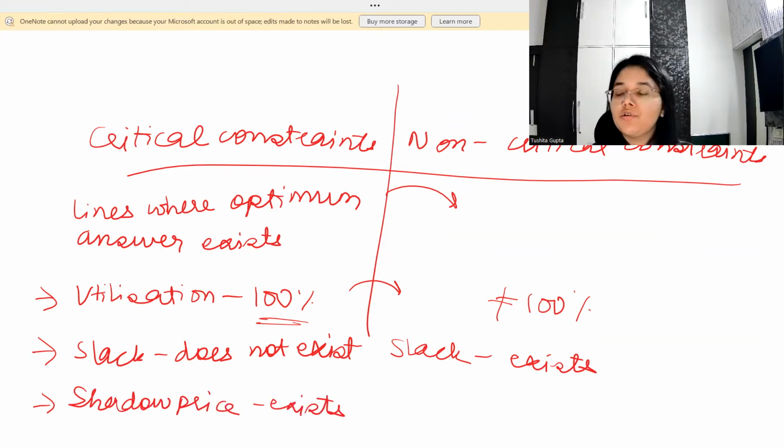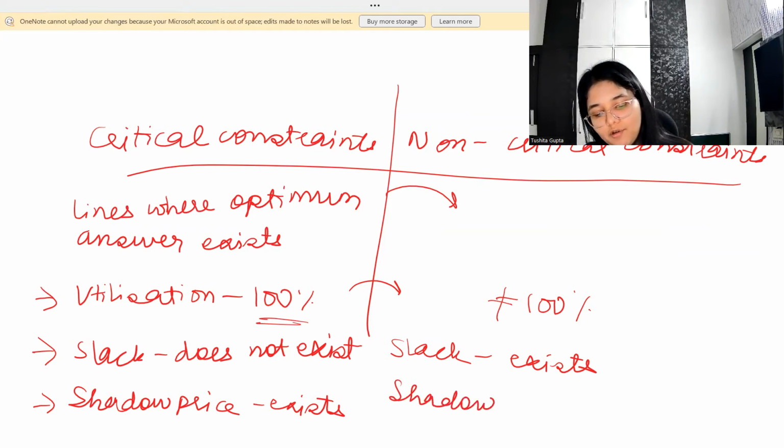But for those resources which we are anyway not using at full capacity, and we anyway have them in excess, will we be paying anything extra to get more of them? No, right? Because we are not getting any extra contribution by having one more unit of the non-critical constraints, because we already have them in a quantity which we do not even fully need. So there will be no shadow price. Shadow price does not exist.